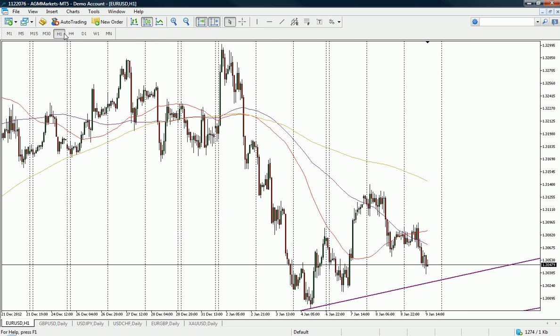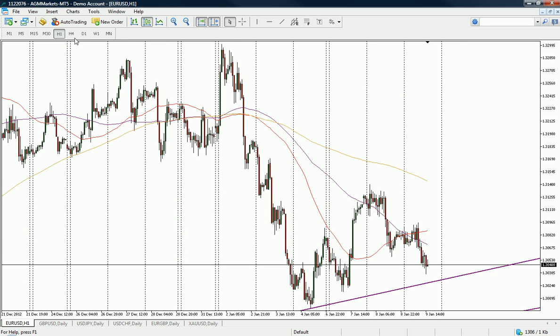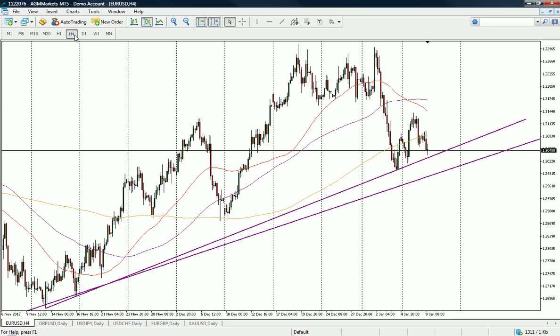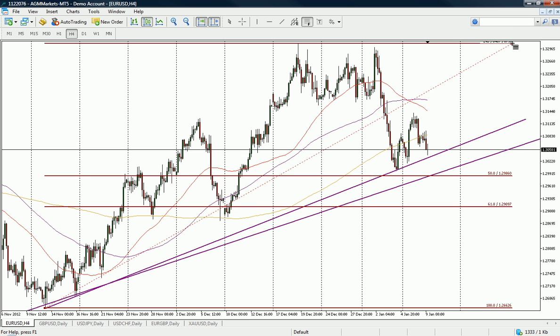In terms of the 1 hour, nothing massively of interest, but in terms of the rest of the week, it's all about these trend lines for me. That's the only thing I'm really focused on. Especially in terms of the 1 hour and 4 hour, what you could do from this recent dip, I think I put this on a minute ago actually. Yeah, this is on the daily chart.